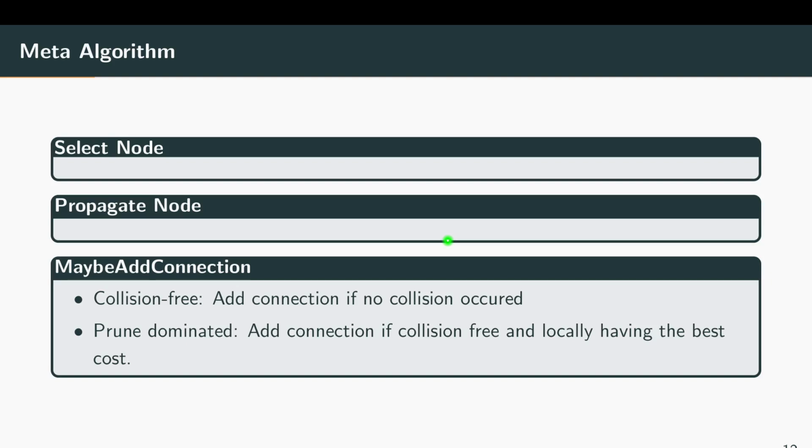And then finally, we have to decide if we actually want to keep whatever connection we made or not. The most obvious one is, okay, we take it whenever it's collision free, and otherwise not, because it's not part of the solution. And the second version is that we also take the cost somehow into account.